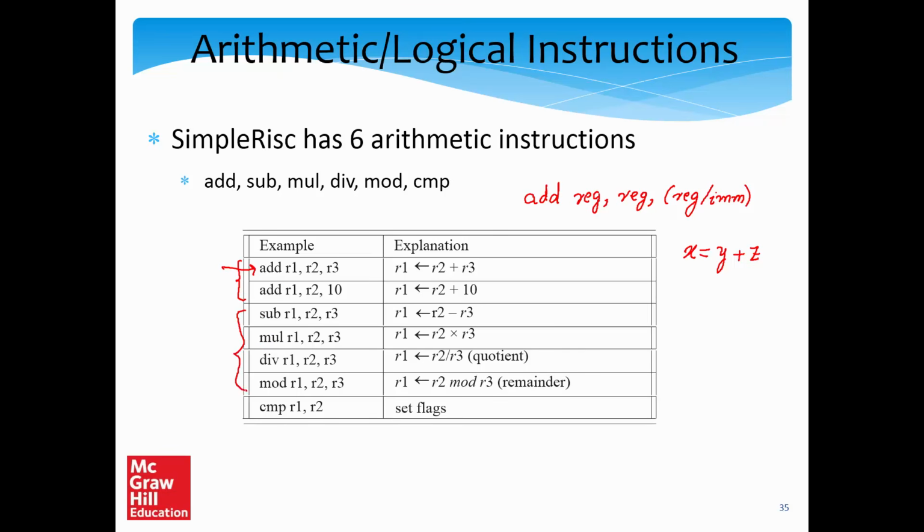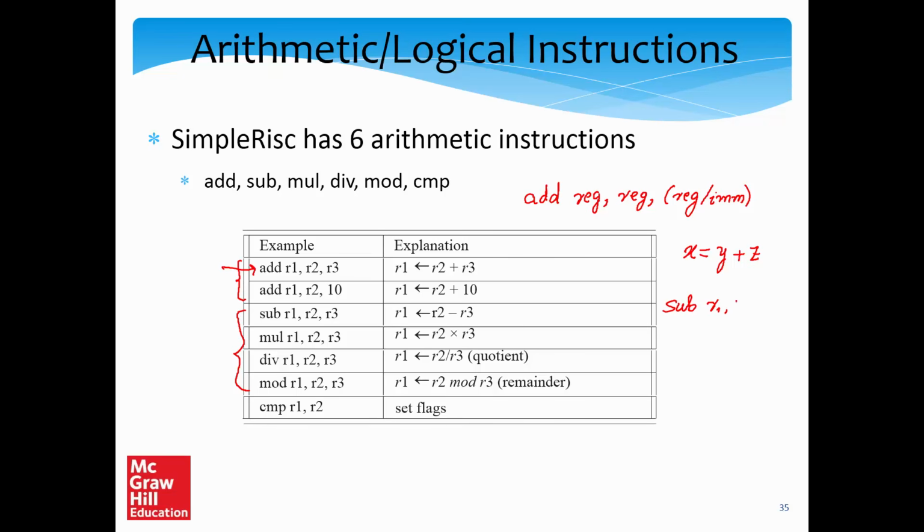So these 4 instructions over here, as the name suggests, the subtract instruction subtracts the contents of R3 from R2. So it sets R1 equal to R2 minus R3. So in this case, it is possible to write the subtract instruction with the third operand being an immediate as well. But mind you, only the third operand can be an immediate, not the other ones.